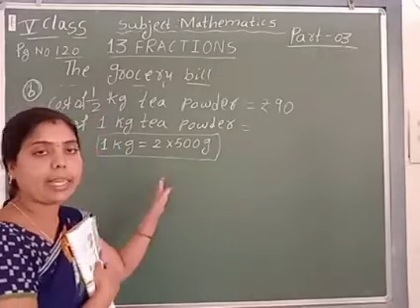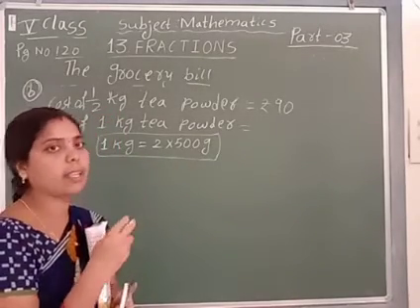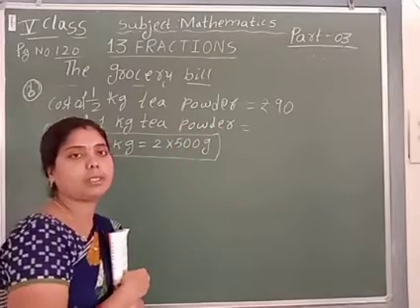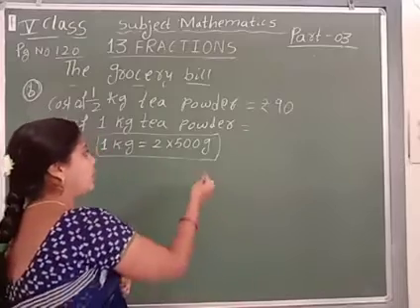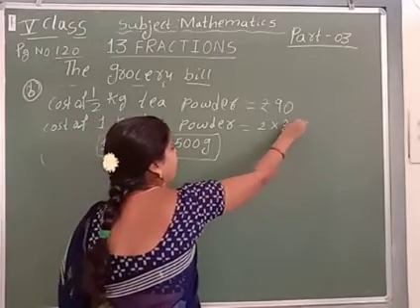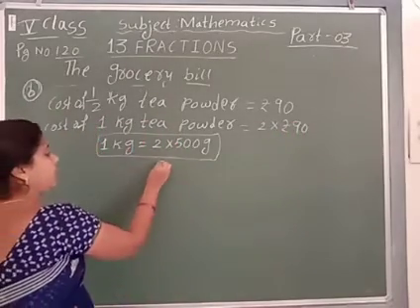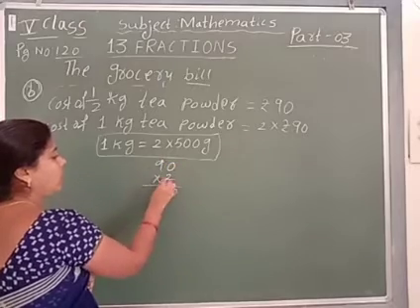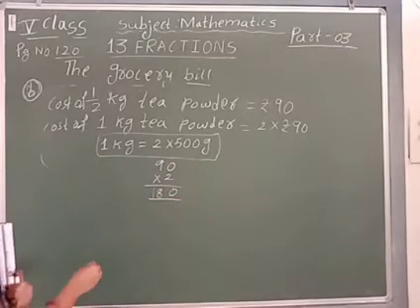So in 1 kg how many 500 grams are there? 2, no? Yes. So half kg is 90 rupees, which means 1 kg is 2 into 90 rupees. Do you understand the concept? 2 into 90 rupees, 90 into 2: 2 zeros are 0, 2 nines are 18, so 180 rupees.